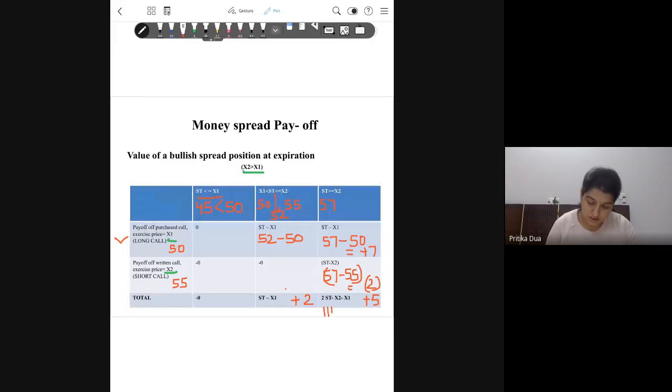So this should be ST minus 50 minus 55, that is, 2ST minus X2. X2 was 55 and we get this value. Sorry, this is 9 rupees.